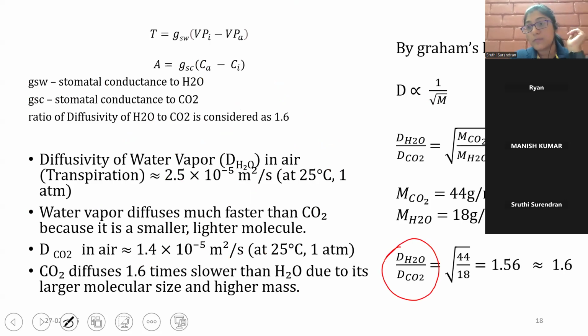The diffusivity coefficient ratio of H2O to CO2 is always considered as 1.6, and this relationship is used in multiple places when estimating the total conductance, the boundary layer conductance, and many types of conductance resulting in these gases entering. Before we even look at the gases at the interface of the leaf, the gases have to pass through some boundaries before they reach the leaf.